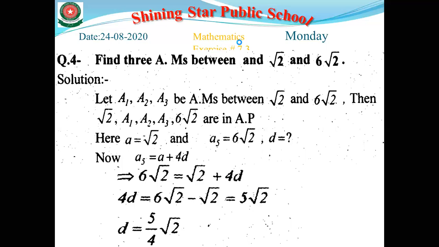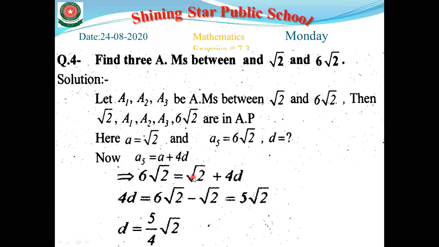Now solution. Let A1, A2, A3 be the AMs between square root 2 and 6 square root 2. Then again we have 3 AMs. So A is square root 2 and A5 is 6 square root 2. We have to find D. So we use the formula A plus 4D. So A5, 6 square root 2, is equal to A, square root 2, plus 4D.